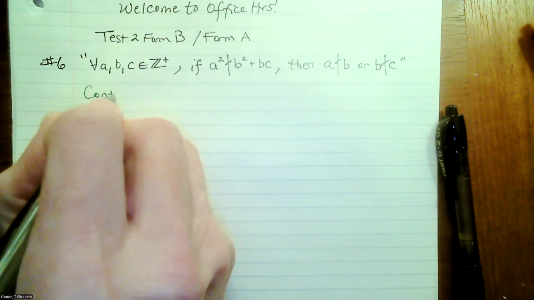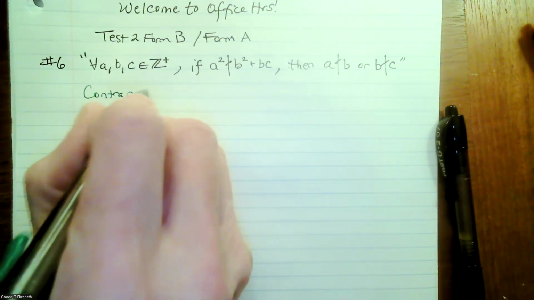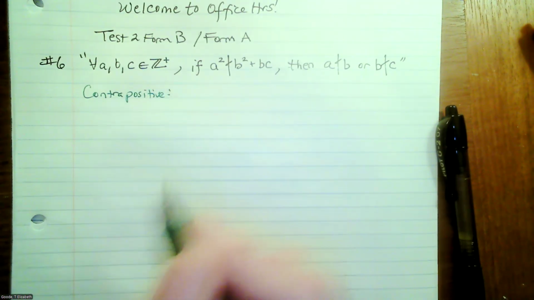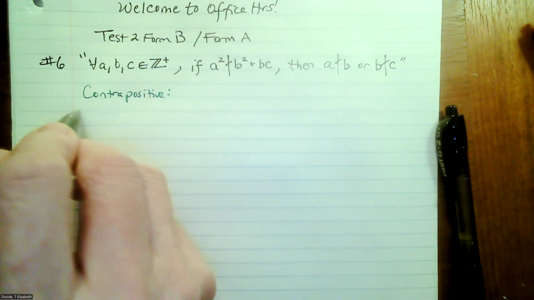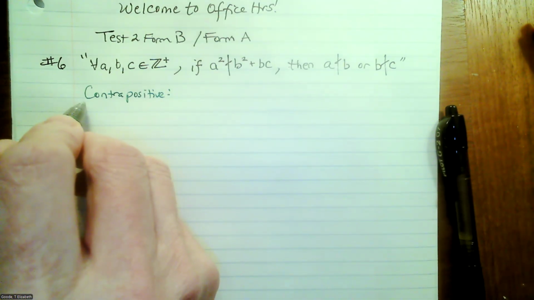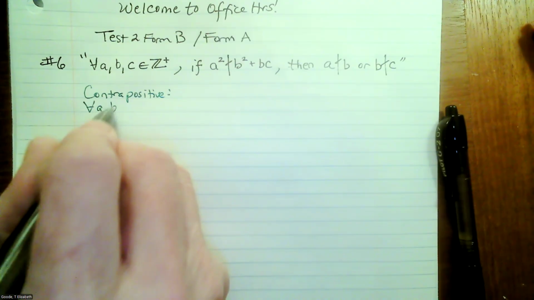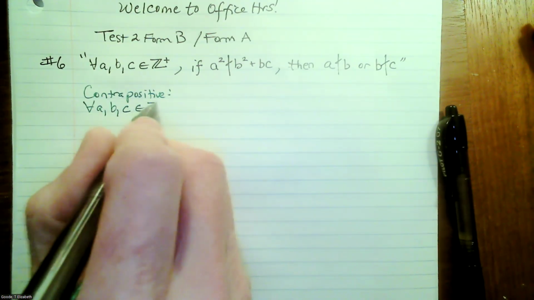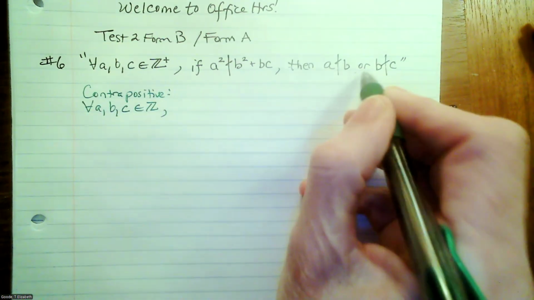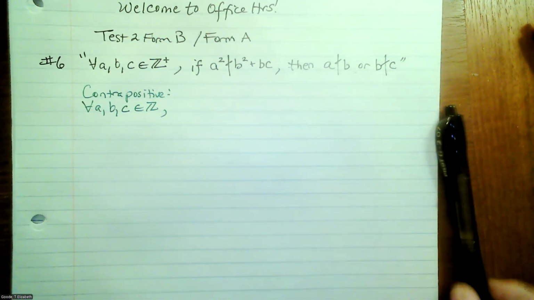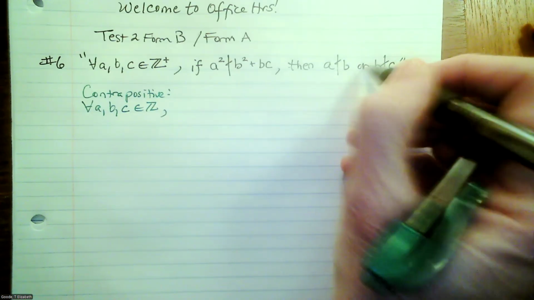Why don't we write the contrapositive? Jonathan, what is the contrapositive? So if A divides B or B divides C. Oh, thanks, that should change to an and. That seems right.